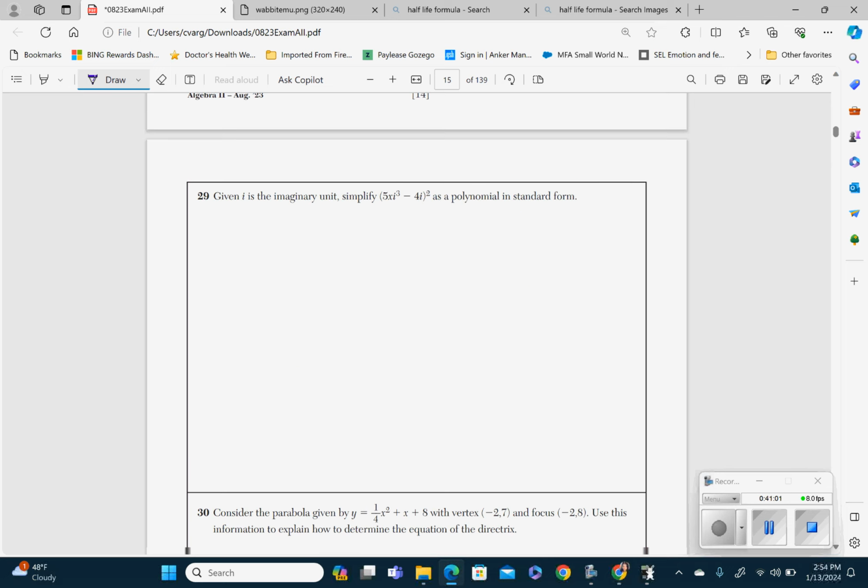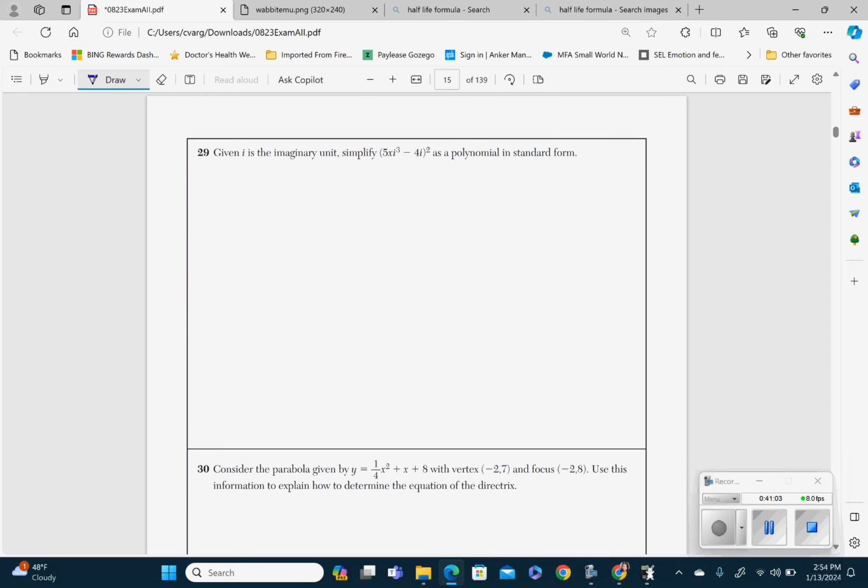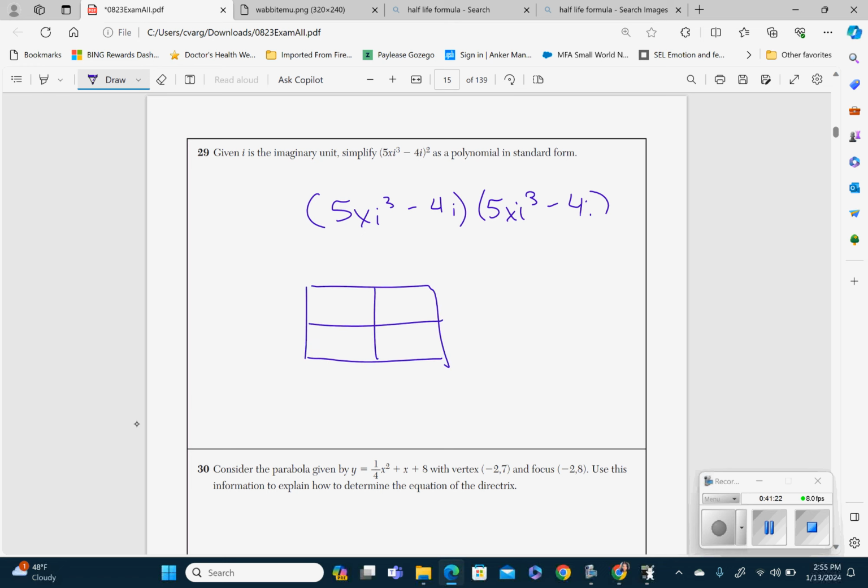Okay. For question 29, you should all get this right. So this is 5xi to the third minus 4i squared, which means that you're going to multiply it by itself. So when you do this, you could use box method. If you like box method, great. If not, then do it with first, outer, inner, last.